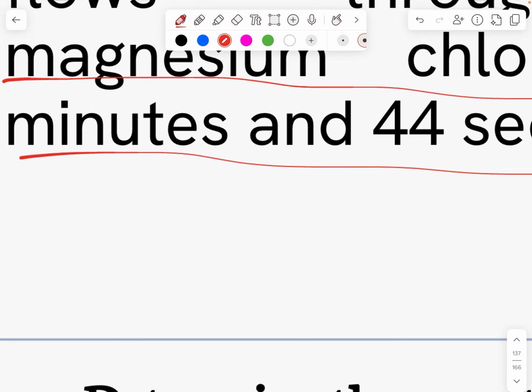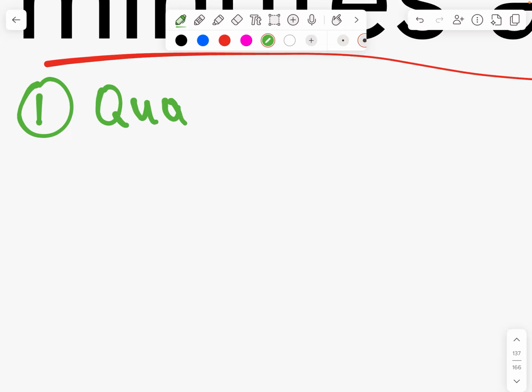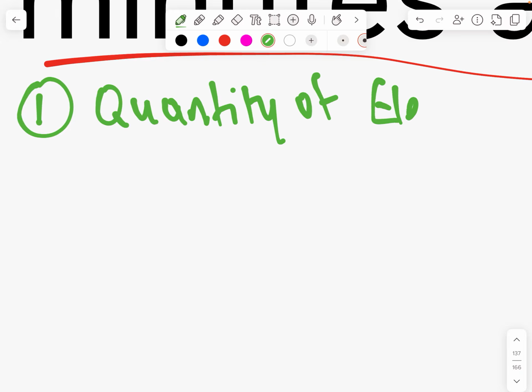Now the first thing you do when you're doing these calculations is calculate the quantity of electricity. So what's the formula again?